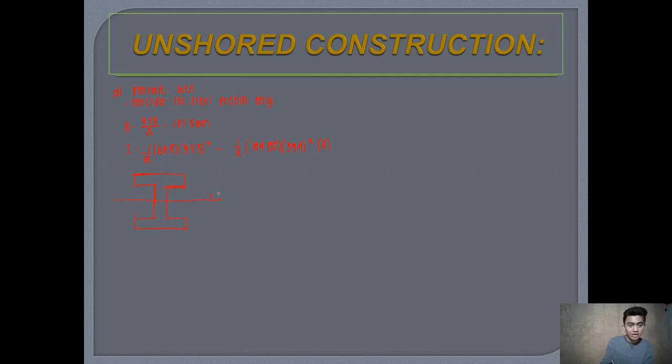This is now our neutral axis. So observe that if I were to consider this whole diagram, I will have this equation, wherein I do not need to add AD squared since its centroid rests upon the neutral axis.